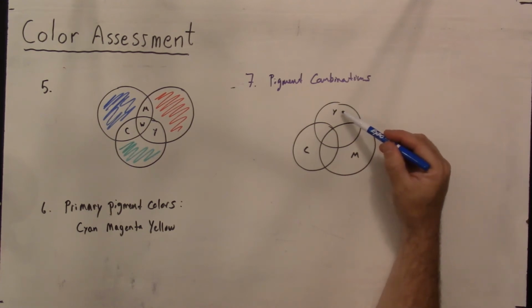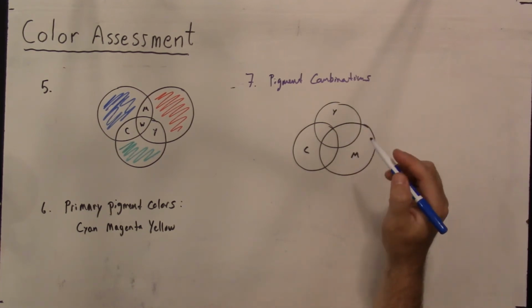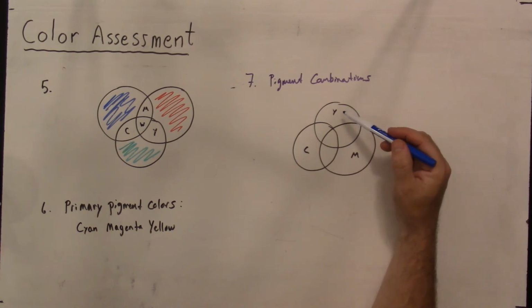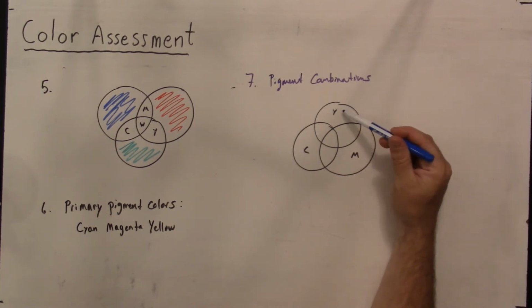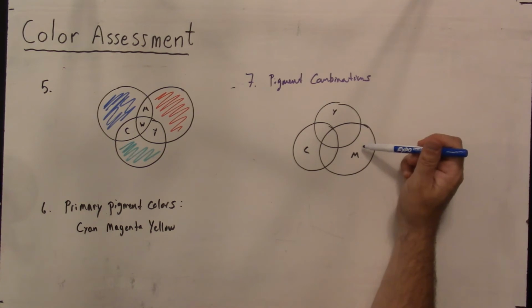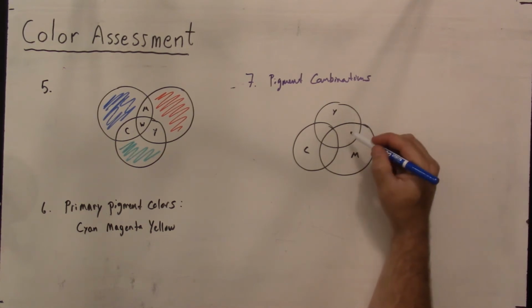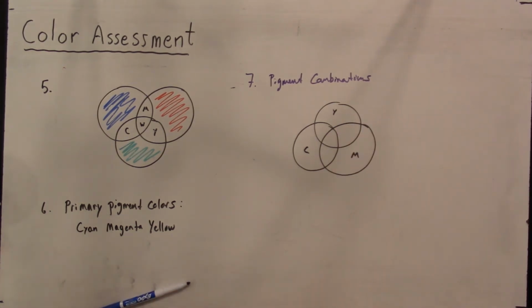So if yellow is subtracting out the blue and magenta is subtracting out the green, if you're minus green and minus blue, that means you would be left with red.